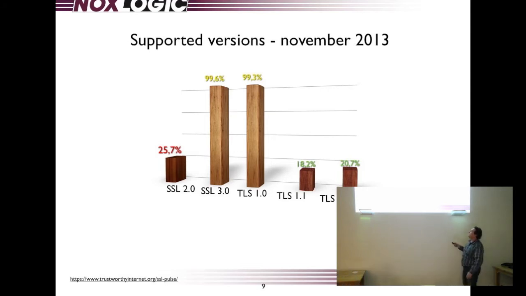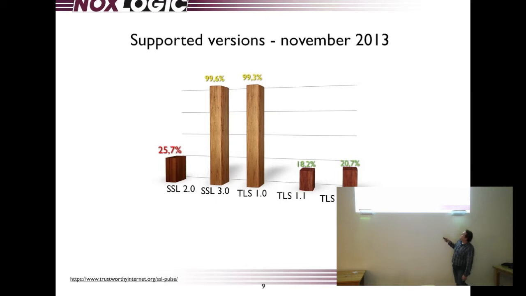I showed you that SSL 2.0 is really crap and you shouldn't use it. Still, 25% of all the websites on the internet accept SSL 2.0. So they accept a not so secure connection between you and your browser, while your browser still says, hey, there's a secure line between me and the server, which really isn't if it's on SSL 2.0.